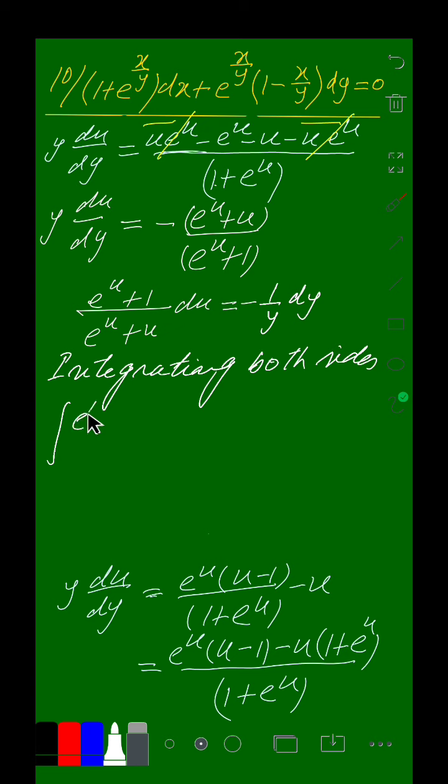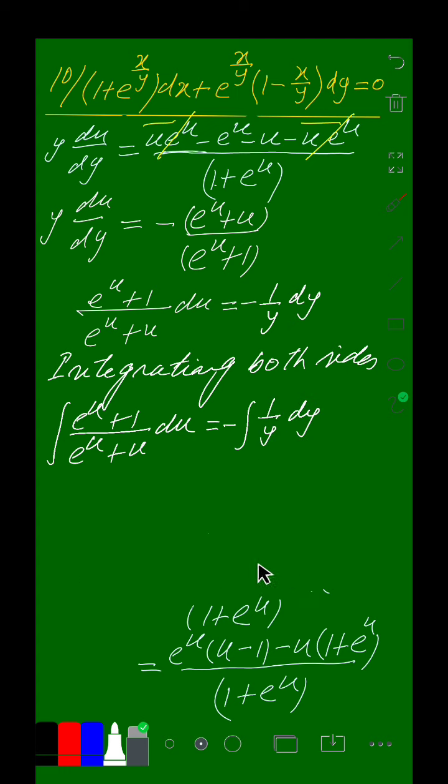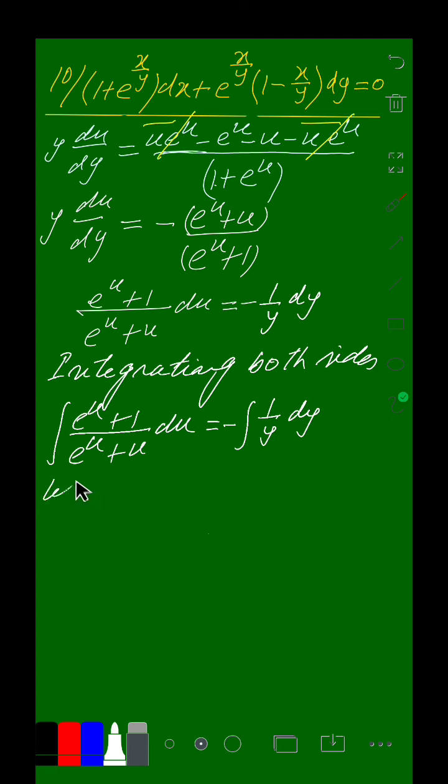Integral e raised to the power u plus 1 upon e raised to the power u plus u du is equal to minus integral 1 over y dy. Here we have to assume e raised to the power u plus u as t and differentiating with respect to t.